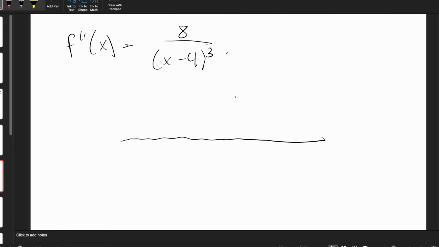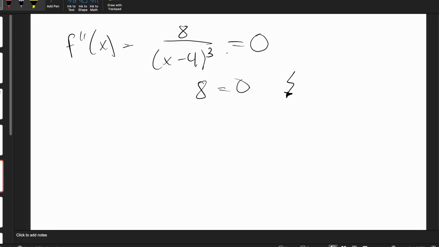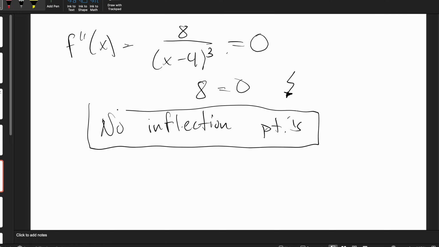Points of inflection occur where I set this equal to 0, and I find that this is equal to 0 if and only if 8 is equal to 0. But that's a contradiction. So as a matter of fact, there are no inflection points. No points of inflection. Very good.